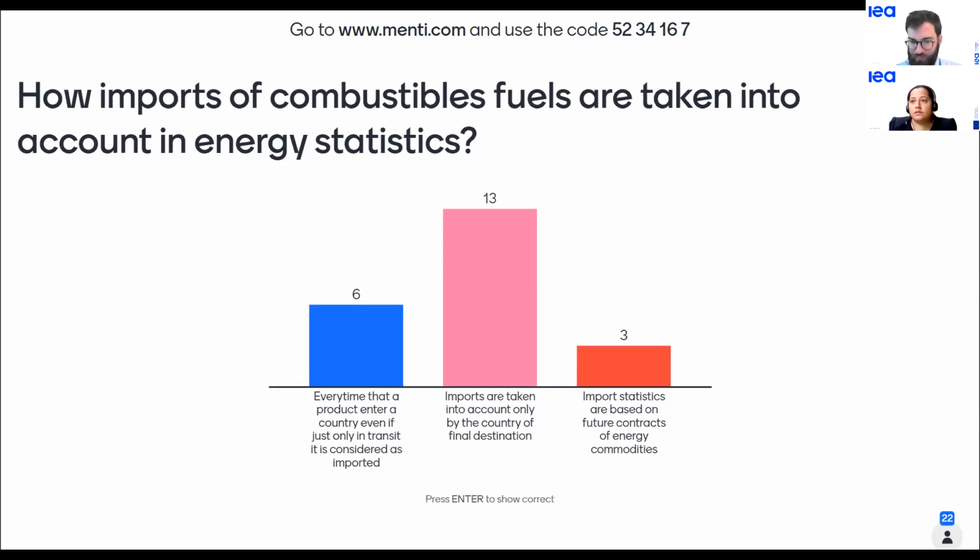And 3 replied we should also base it on future contracts of energy commodities. So we have 23 participants who have replied. Yesterday we were around 40 replying. So please, those who have not yet connected to menti.com, please do so and use the code that appears up to reply to the question.